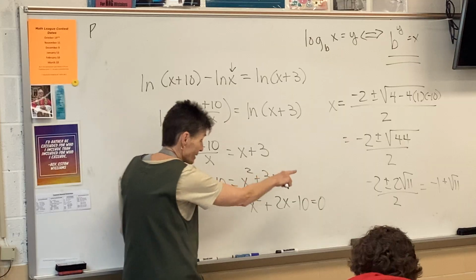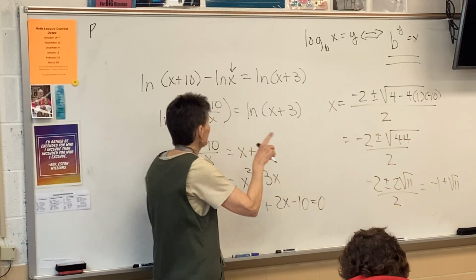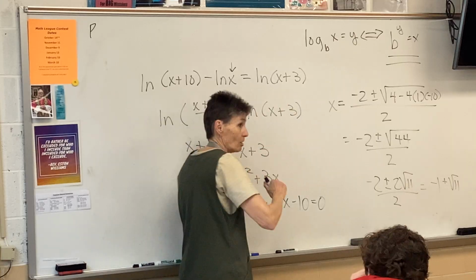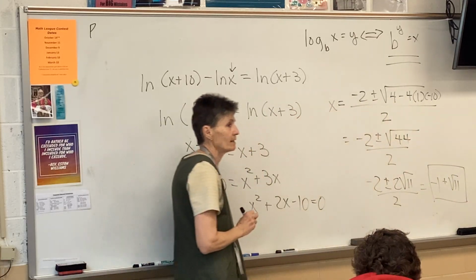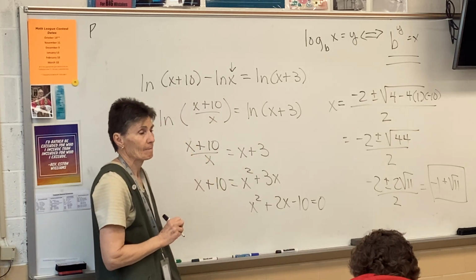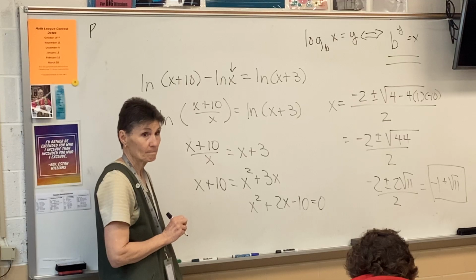And negative 1 plus root 11 is positive, would everybody agree with that? So when I add 10 and add 3, it'll also be positive, so I don't worry about it. That is my answer. Okay?